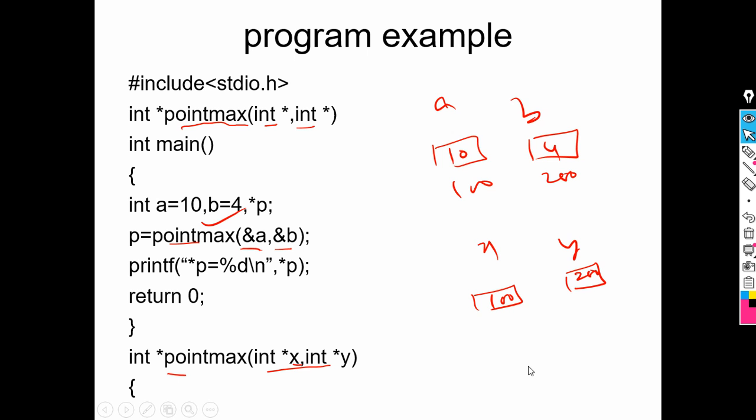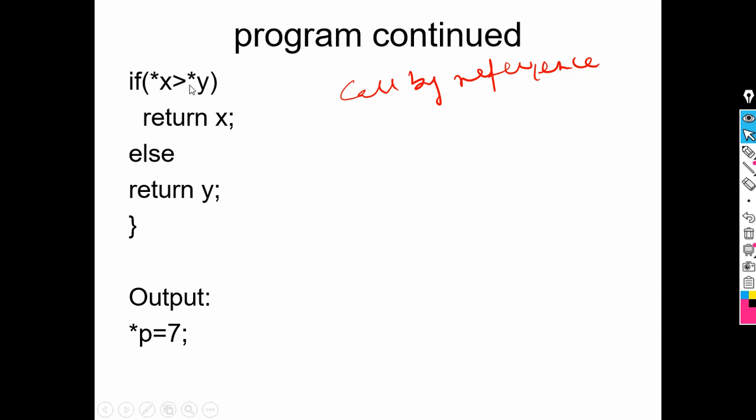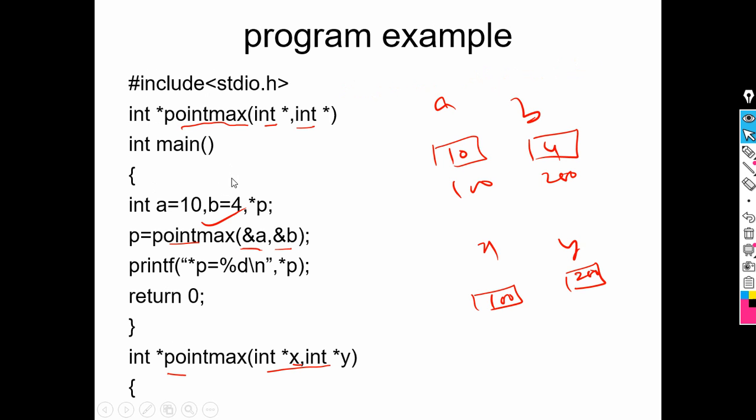Then you want to find out the maximum out of x and y. So you can see here asterisk x greater than asterisk y. If this condition is true, then x is going to be returned, otherwise y is going to be returned. But x and y here are nothing but the addresses. So the return type of this particular function, you can see, is a pointer.